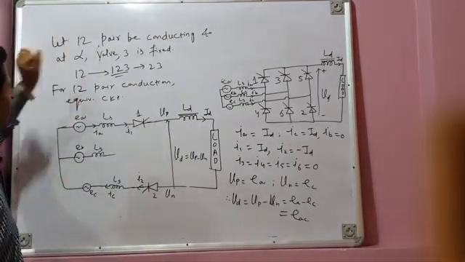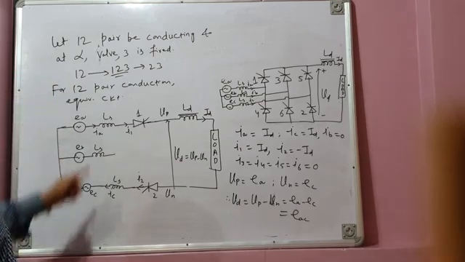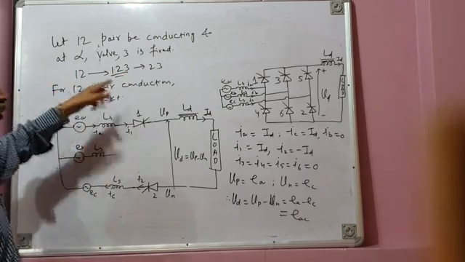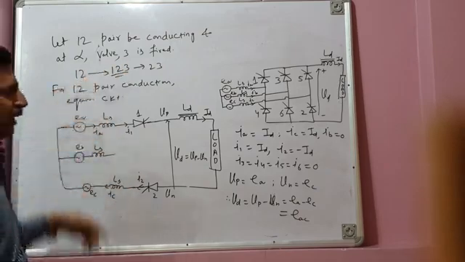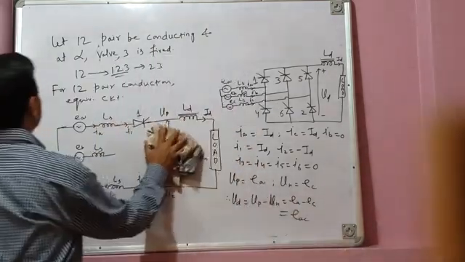Now once the 1-2 pair is over, after alpha electrical degrees, a firing pulse is issued to valve 3, and the commutation between 1 and 3 starts, and this gives rise to 3 valve conduction, 1, 2, 3. Let us draw the equivalent circuit for 3 valve conduction.